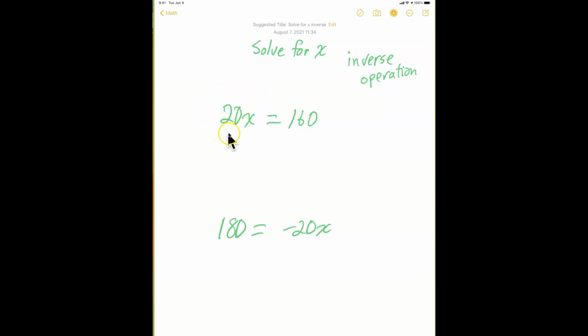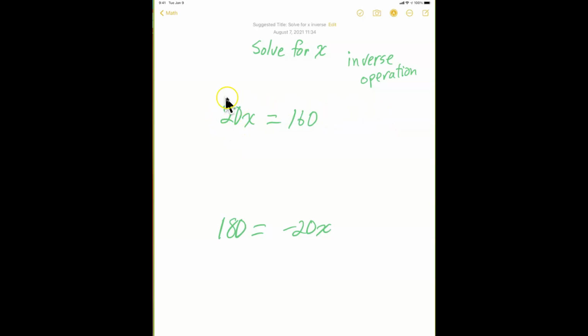We have to look at this problem and determine what's happening to x, and then we want to undo that. We're going to manipulate this equation until it just says x is equal to something, and whatever that something is, that's what x is, okay?